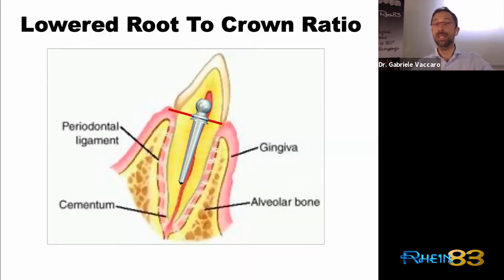And this is a big advantage for us, because we have lowered the root crown ratio. This means that the forces developed by the prosthesis over the residual roots are lowered a lot.